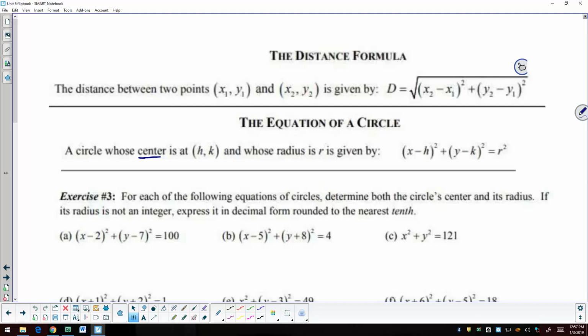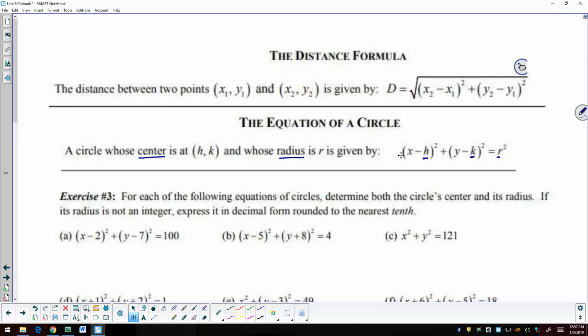You need to know the center, and then you need to know how big it is, so you need to know the radius. The center coordinates go into the equation as h and k, and then the radius goes on the other side of the equal sign and you square it.